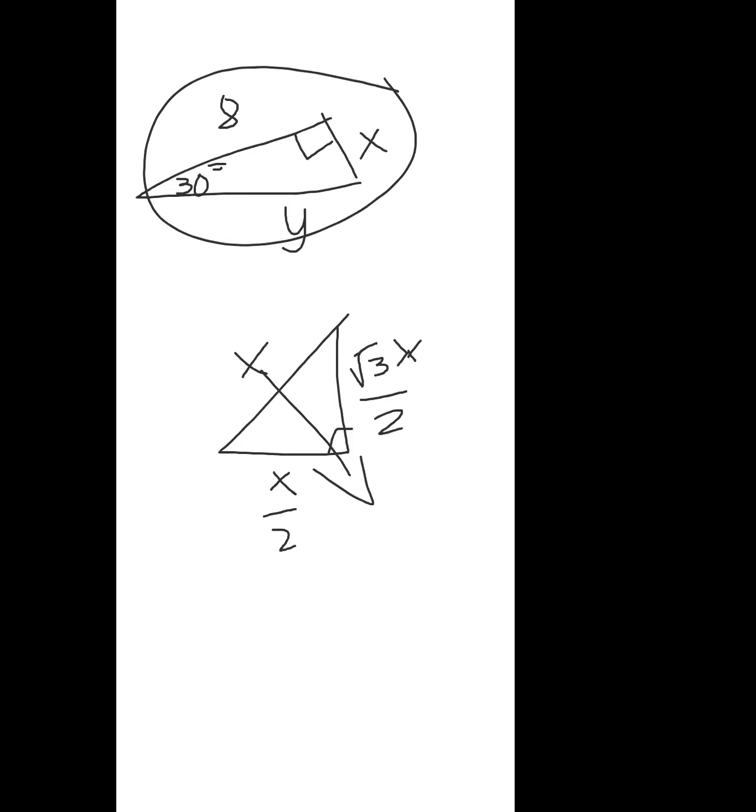Tapos, based dun sa ating right triangle, itong 8, ang equivalent niya ay si ito na. Or pwede naman i-rotate mo siya papunta doon, para maging yung ating right angle is, ito na siya. Okay? And then, yung ating x niyan, kung ni-rotate natin siya papunta doon, pupunta siya dito.